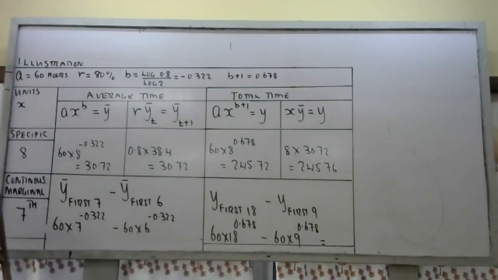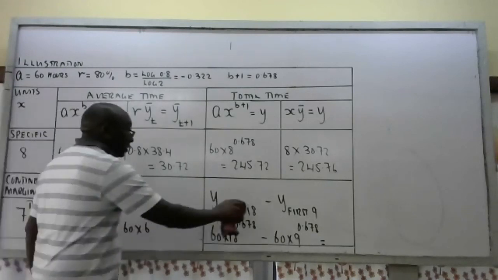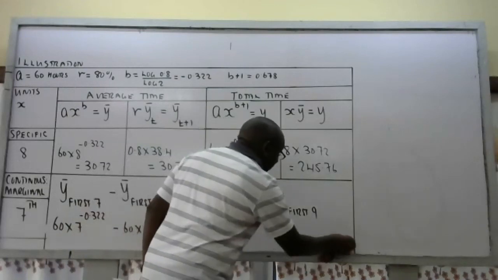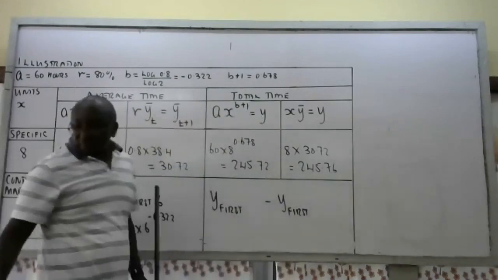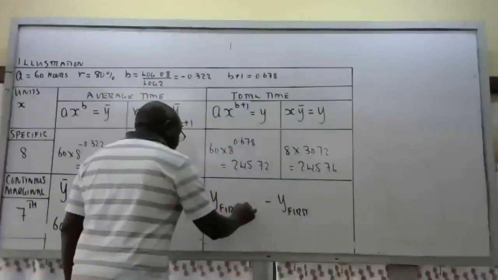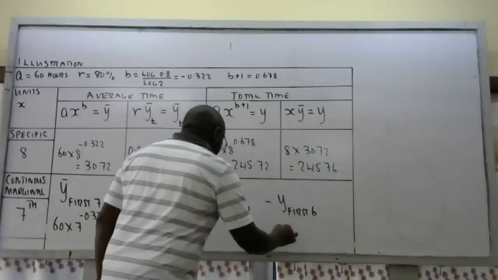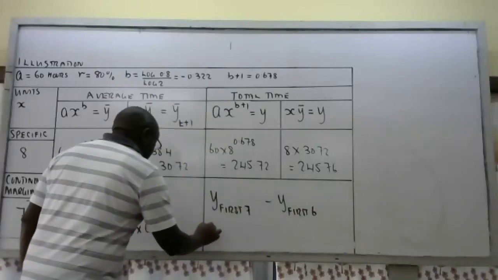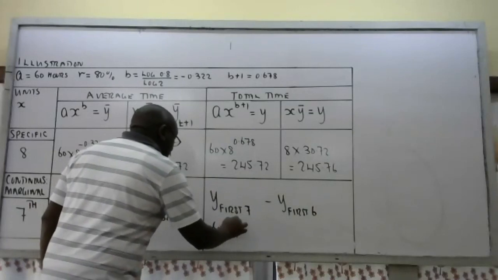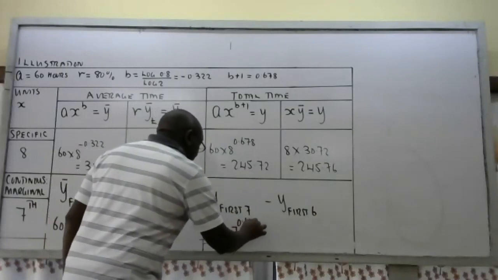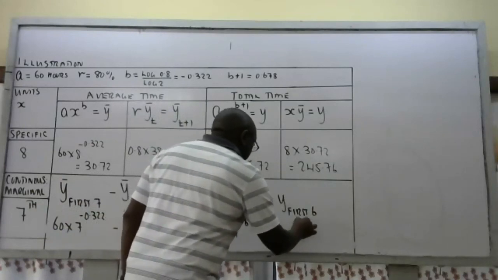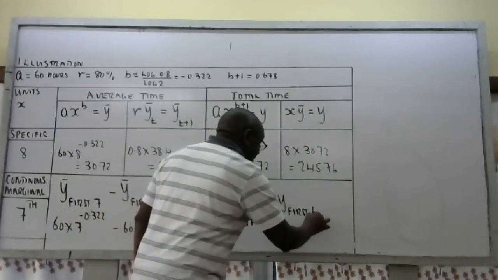That way. Then when you come to the other side, y for the first 7, y for the first 6, this will be 60 times 7 raised to power 0.678 minus 60 times 6 raised to power 0.678.